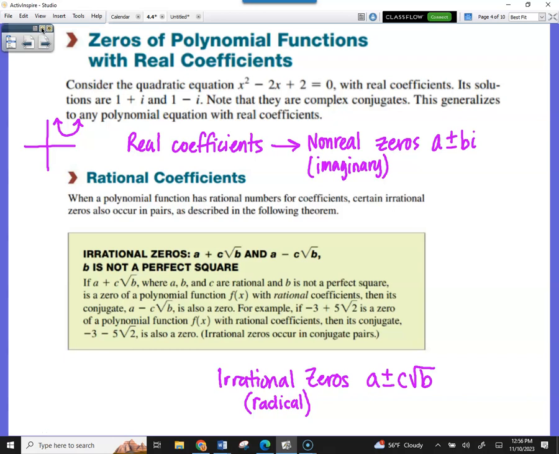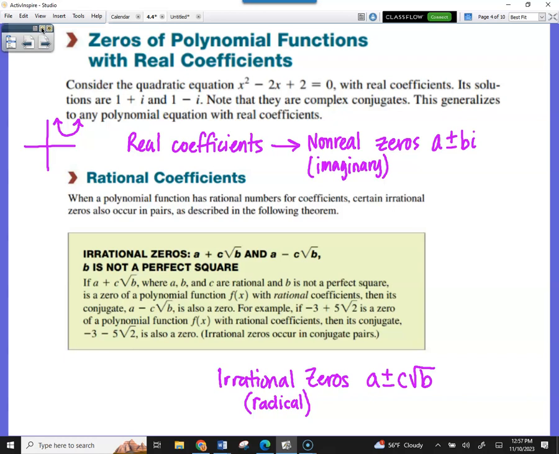If it does not cross the x-axis, that means it does not have any actual x-intercepts, which means it has no real solutions. Instead, it has imaginary ones. We've talked about this before. If the graph is never crossing the x-axis, then there are no real solutions. Instead, there are imaginary solutions.